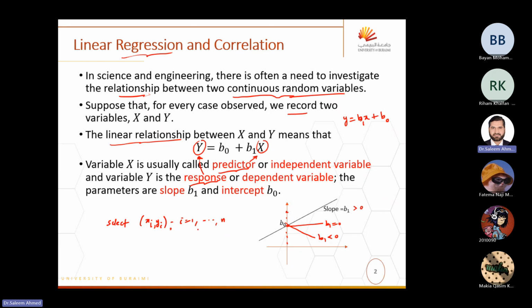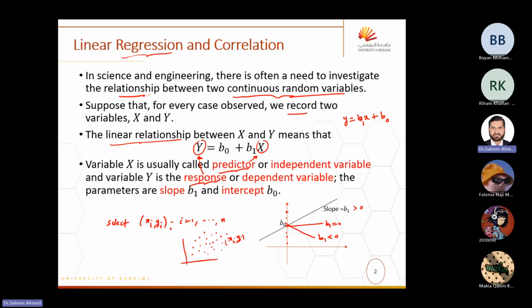It means there are n possible points that I can select out of the population, right? So if I select these points and draw them, maybe this is x1, y1, x2, y2, x3, y3, x4, x5, x6, x7, x8. So these type of points I can draw here, right? So these are all xi's, yi's here from x1 to xn, y1 to yn.